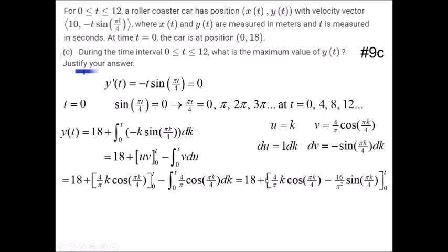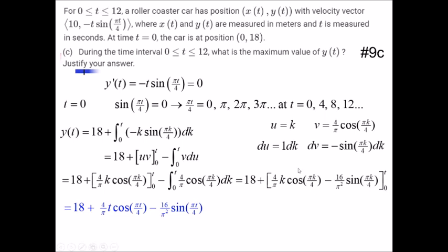Now if I plug in t to all this stuff, nothing changes except that all my k's get replaced by t's. So I've got the 18 from the beginning, and now 4 over pi times t cosine of pi t over 4 minus 16 over pi squared sine of pi t over 4. And then I have to subtract all of this stuff with 0 plugged in.